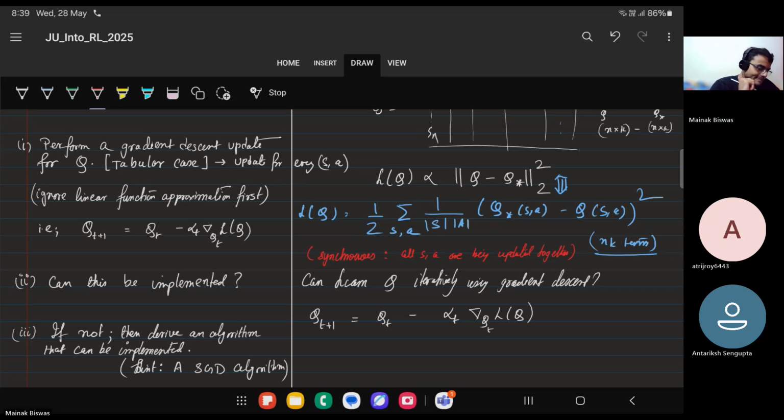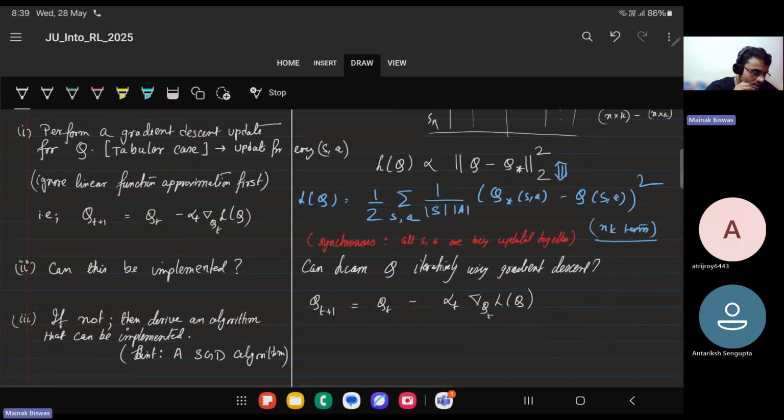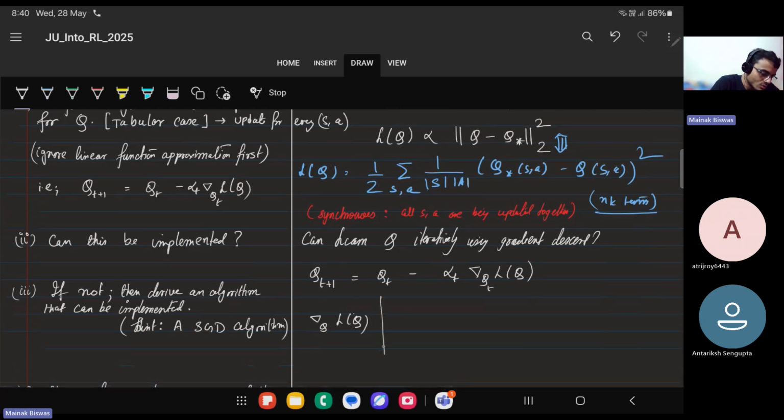So here we'll come to the algorithm more interpretation, and then you'll understand why this will also work. Let's try to take a derivative with respect to q of this function L of q. Let's take it for one value.